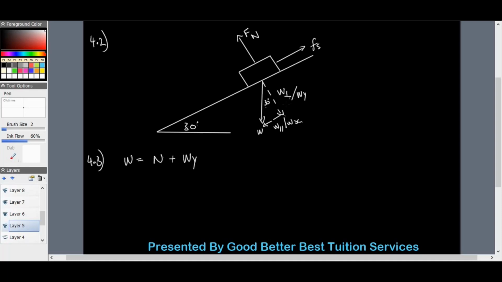It's only a vertical component here, right? So this plus this is going to give us the value of weight. So if you want to find the normal force, if you rearrange the formula, the normal force is going to equal the weight minus, let me just see something. Am I doing this correctly?